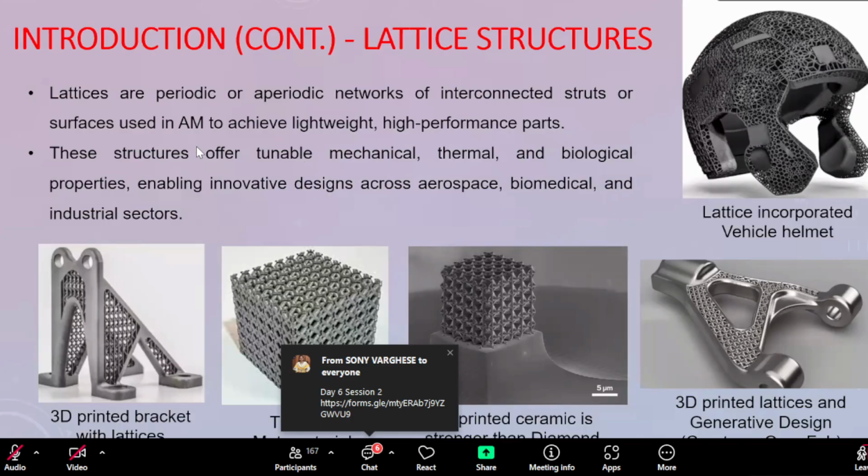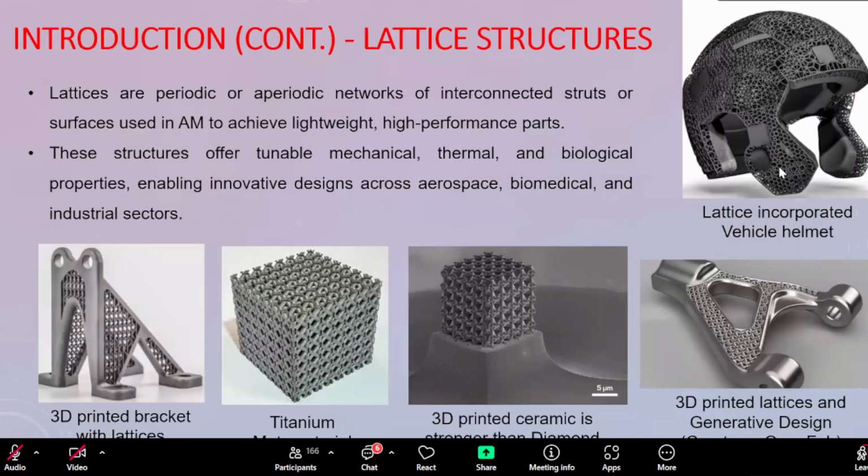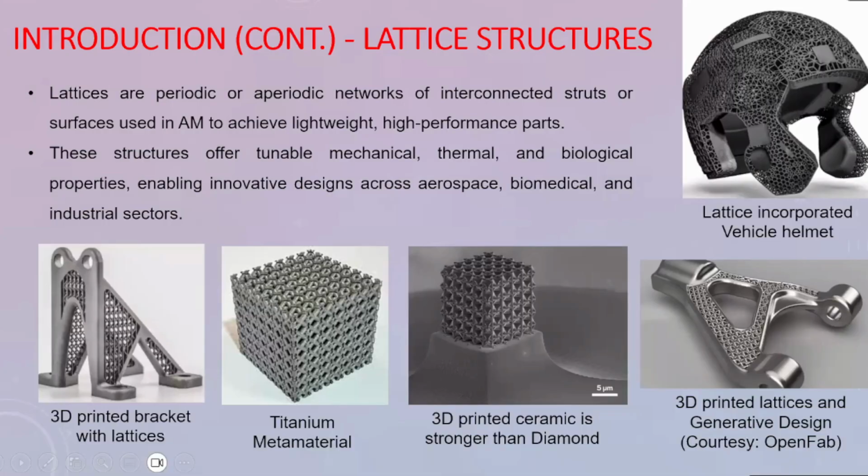So what is the use of that? It is to achieve lightweight and high performance parts. So we need to have lightweight parts, or we need to have some better OSI integration. In such cases, these lattice structures are useful. And these lattice structures are not only restricted to a particular domain.